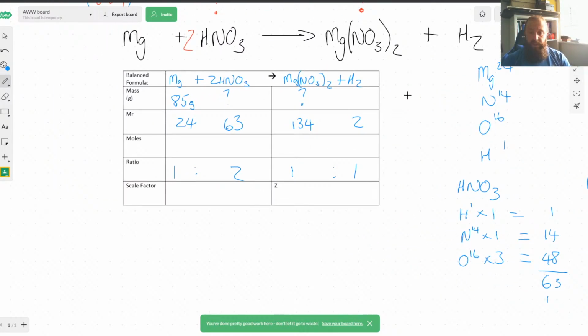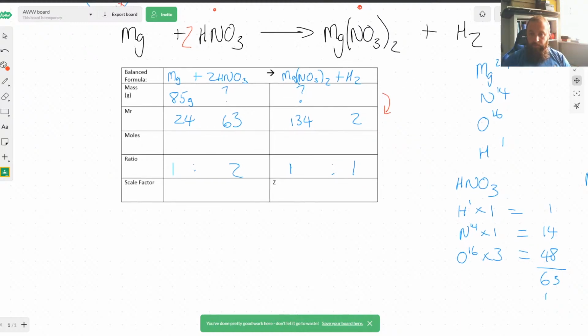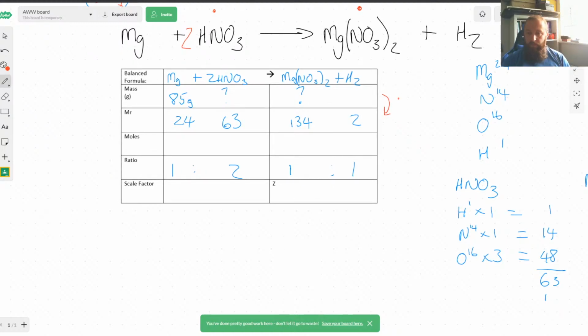What I'm now going to do is the numbers that I know, let's just change pens, I'm going to divide going down. Obviously I don't know these ones, but I can divide 85 by 24. I am going to get my calculator out at this point. So I'm just dividing down the table. So that is 3.5. Okay.